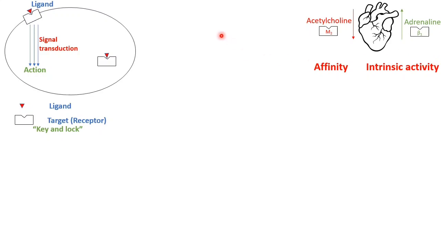So if a drug could bind to a receptor, it has affinity. If also it gives an action on the cell, it has intrinsic activity. Okay, the type of ligand that has affinity and has intrinsic activity together, we call that type of ligand agonist.